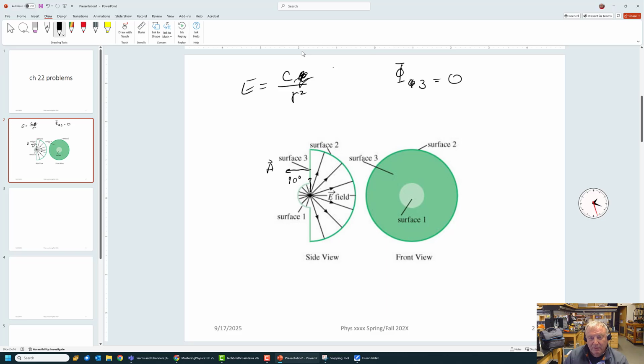So now, surface 1, it's a hemisphere, and the area of a sphere is equal to 4 pi r squared.